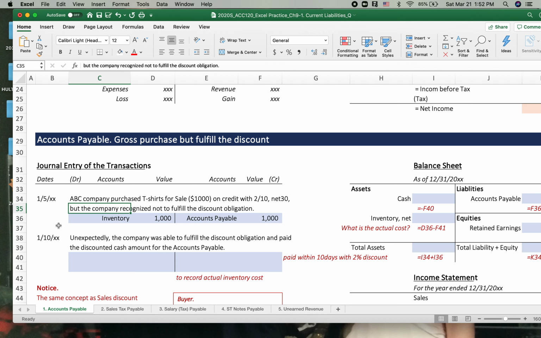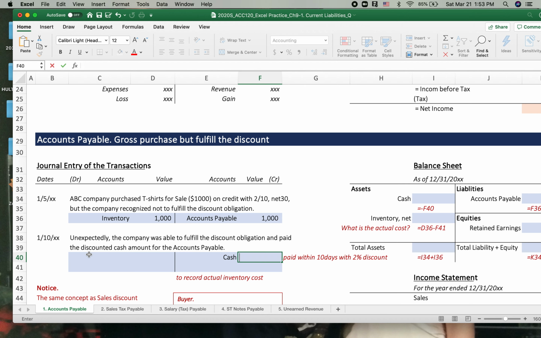But then on January 10th, unexpectedly, the company was able to fulfill the discount obligation and paid the discounted cash out amount for the accounts payable. Maybe the company got some cash from the customer or the finance, so that the company can pay within 10 days. So cash out 1,000?